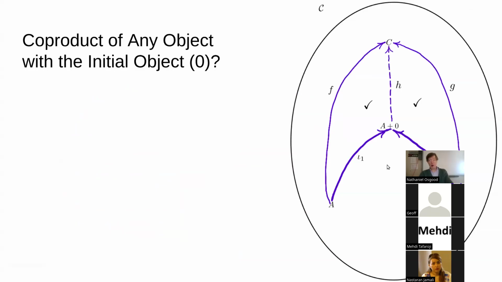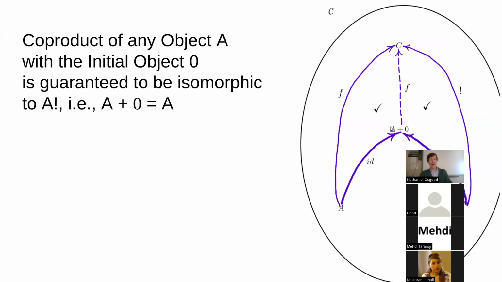Okay, how about the coproduct of any object with the initial object? What is it? So any object A with the initial object, you take the coproduct, you get itself. Identity. This is a unique map, right?